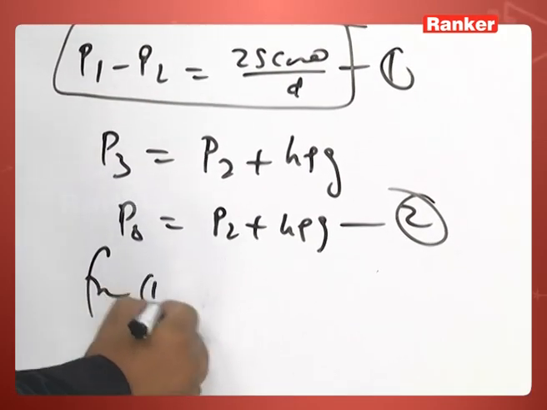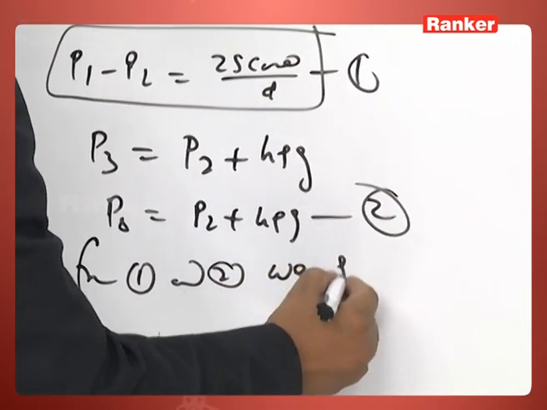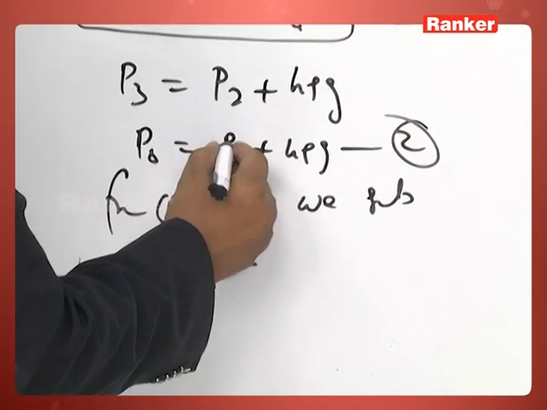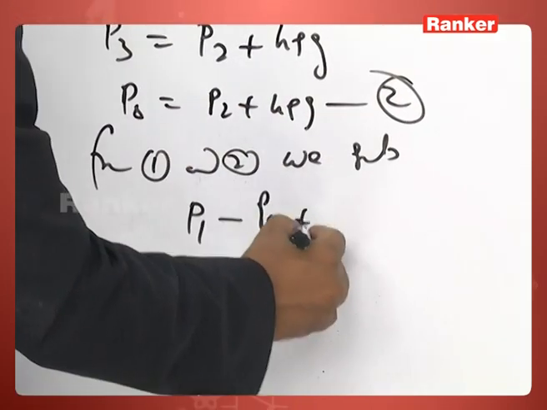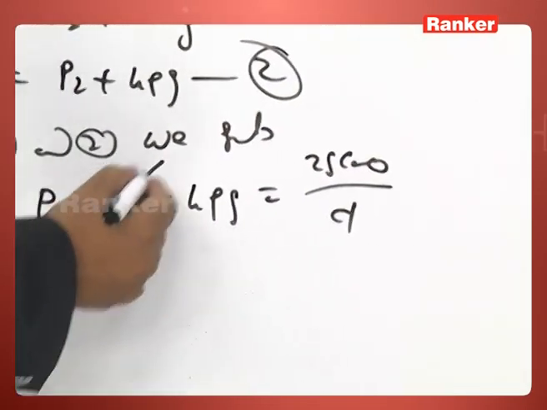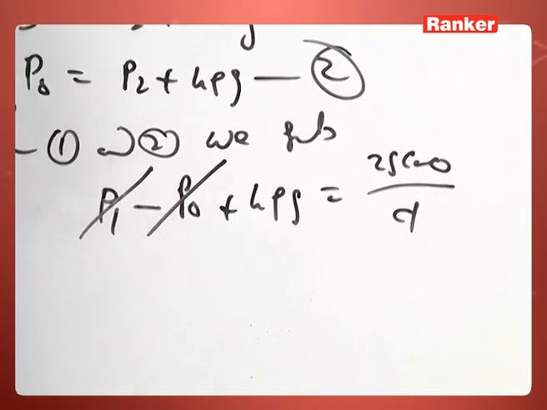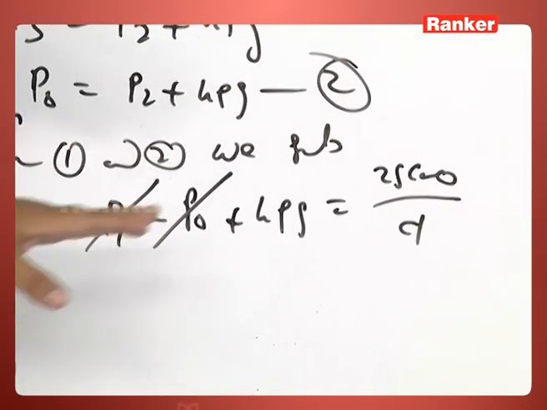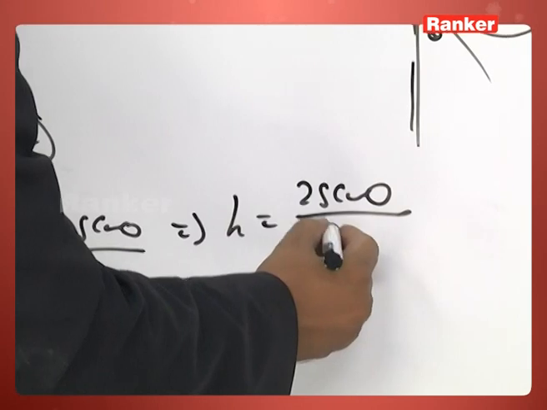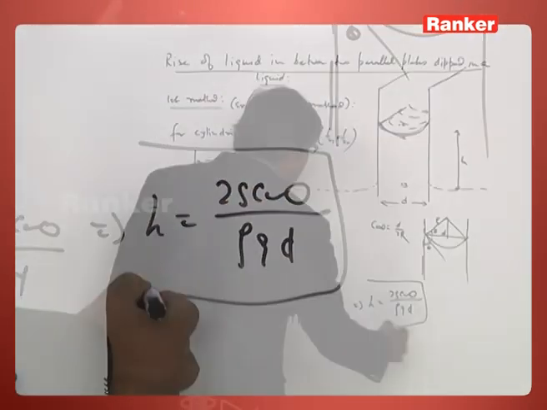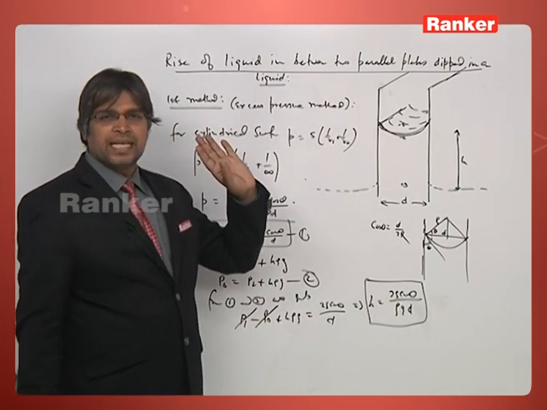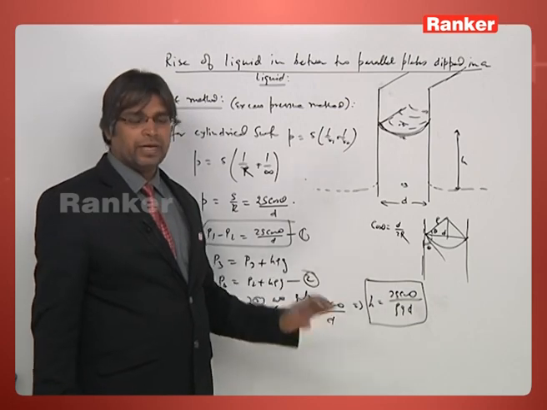From 1 and 2, we get P1 minus P2, with P2 being P naught minus H rho G, equal to 2S cos theta by D. Now, P1 and P naught cancel because P1 is also free in air. So, we have H as 2S cos theta by rho GD, where theta is the contact angle. If it is water, theta is 0 and cos theta will be 1.